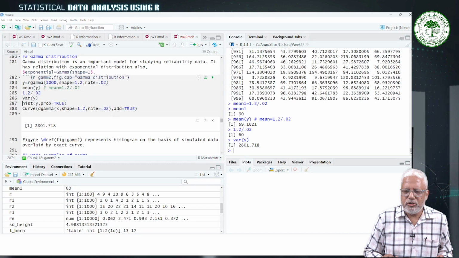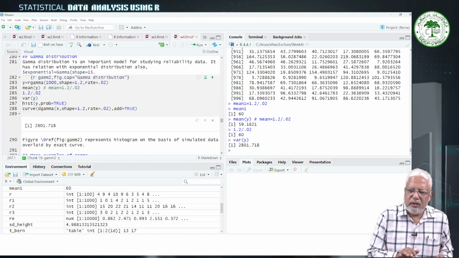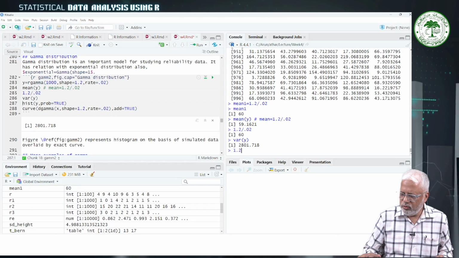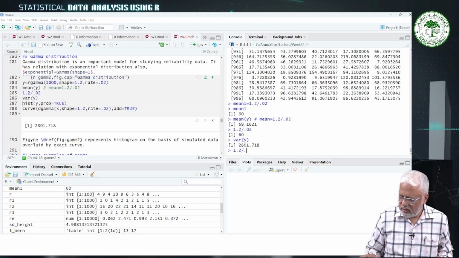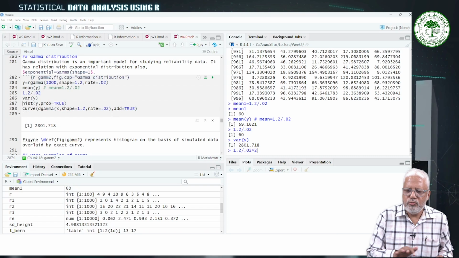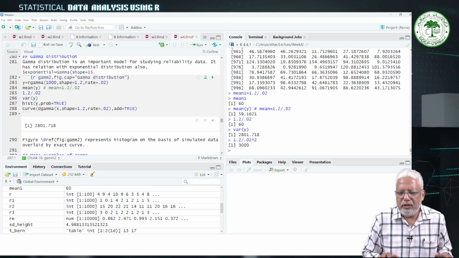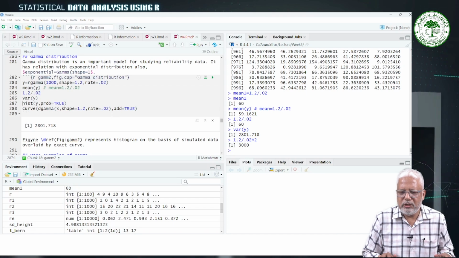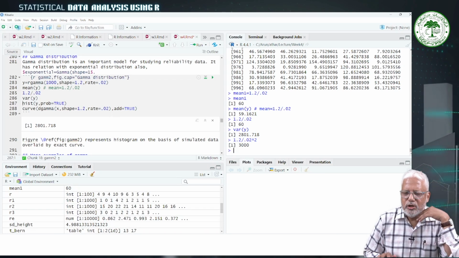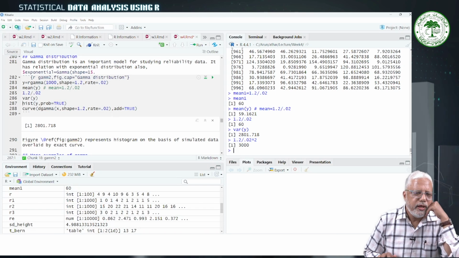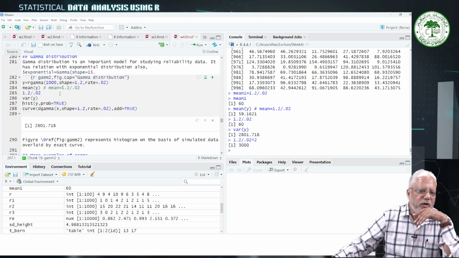This variance is based on simulated data, whereas the exact variance is 1.2 divided by 0.02 raised to the power 2, which is 3000. On the basis of simulated data we are having 2802.